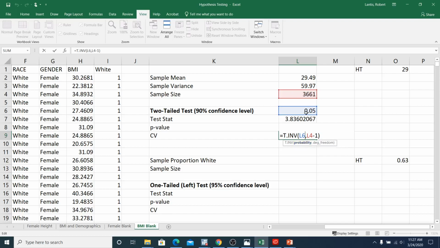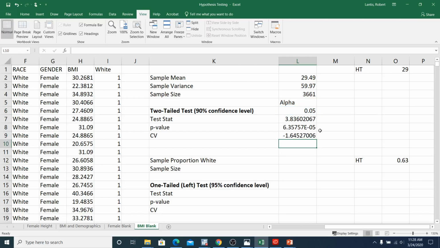Well, if you want the area in the upper right tail to be 0.05, the area to the left of whatever value would give you 0.05 in the upper right tail would actually be 1 minus that. So I have to put in a 1 minus whatever my alpha is. And now I get the same value, but it's positive, right? If I take that 1 minus out, I had the same value, but it was negative.